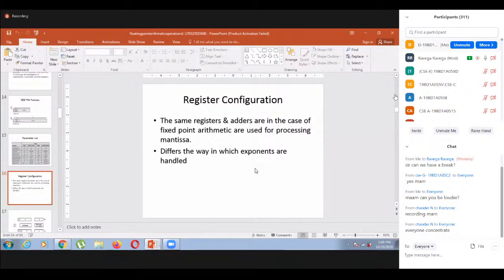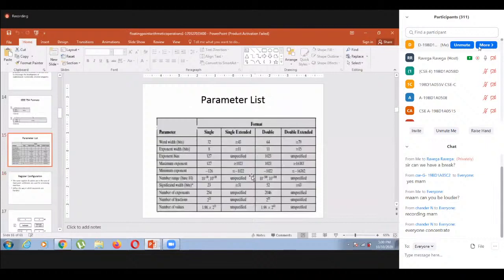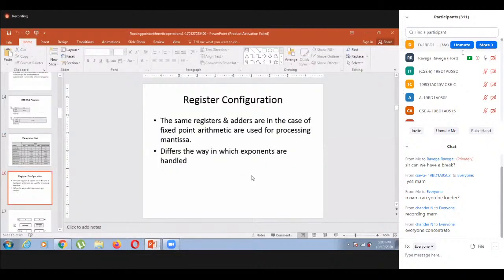Next one, register configurations for the floating point numbers. What are the registers and adders used in fixed point arithmetic?